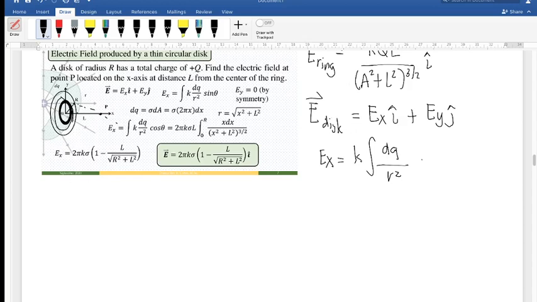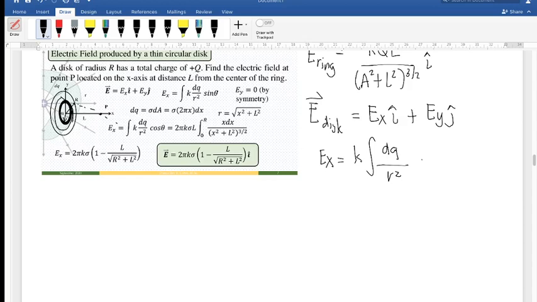So we will just take a small charge here, a ring of charge. We will just let this one be, say, small letter a. Okay, so I just have to analyze this one.